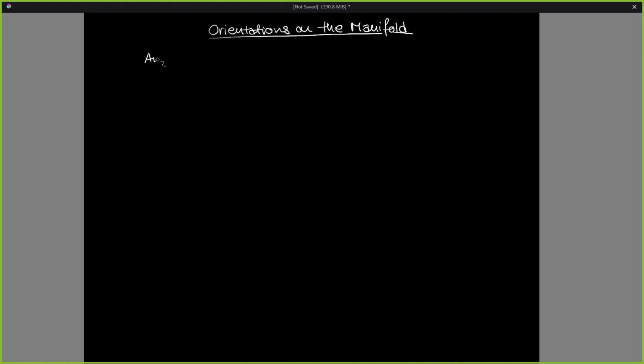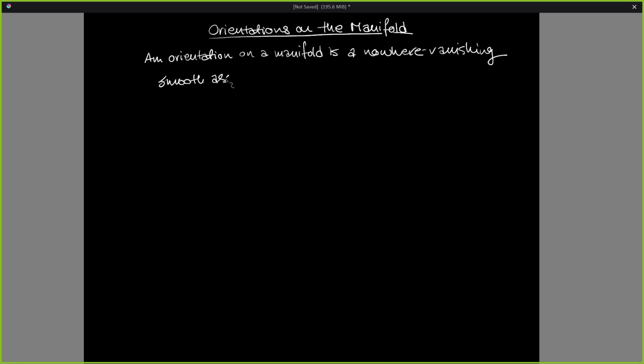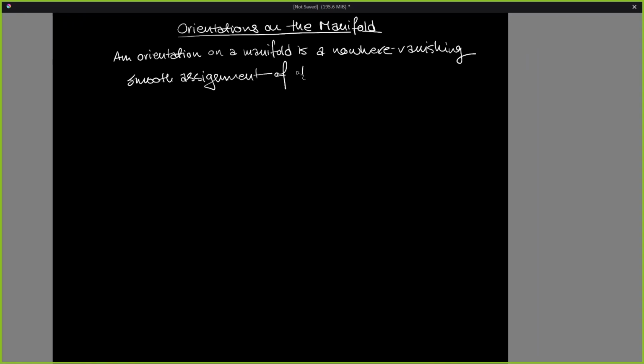So an orientation on a manifold is a nowhere vanishing smooth assignment of top degree exterior forms on the manifold. So essentially what we just said, we're just formalizing that idea.